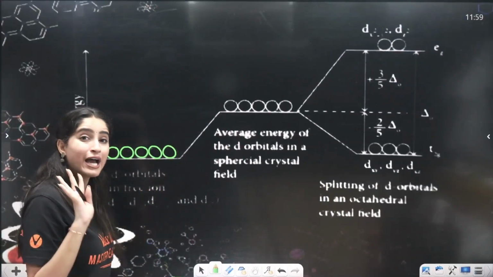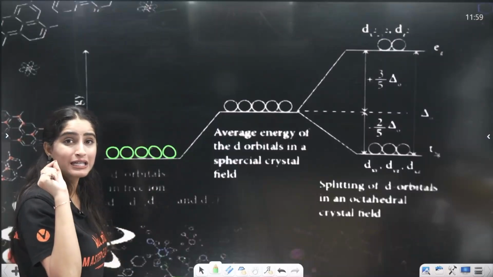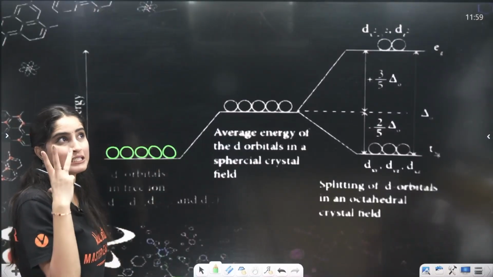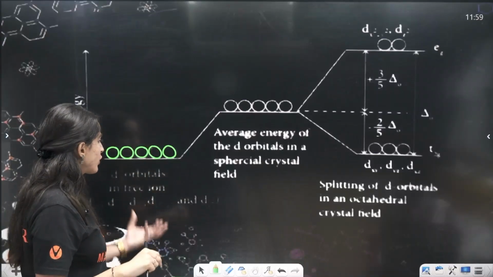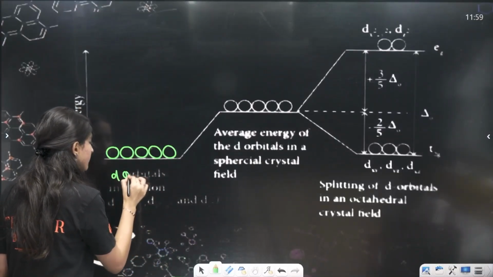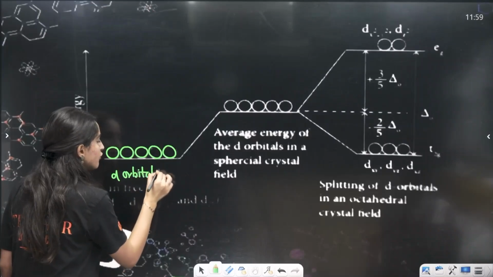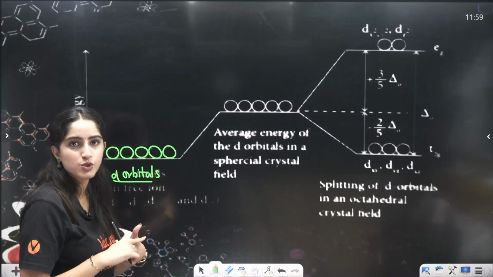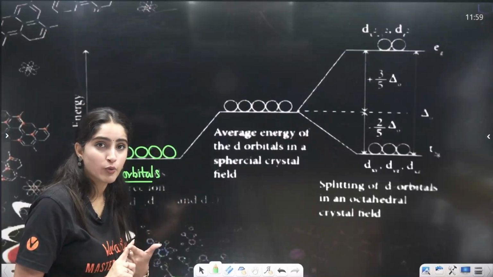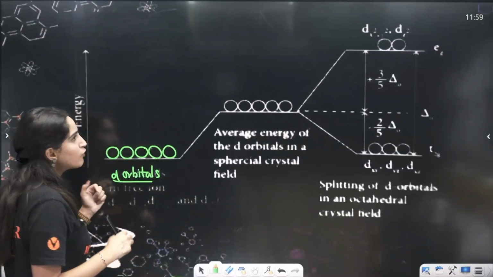All the 5 orbitals of your d subshell are going to be degenerate. How many does it have? dxy, dyz, dzx, dx square minus y square, dz square. 5 orbitals, right?